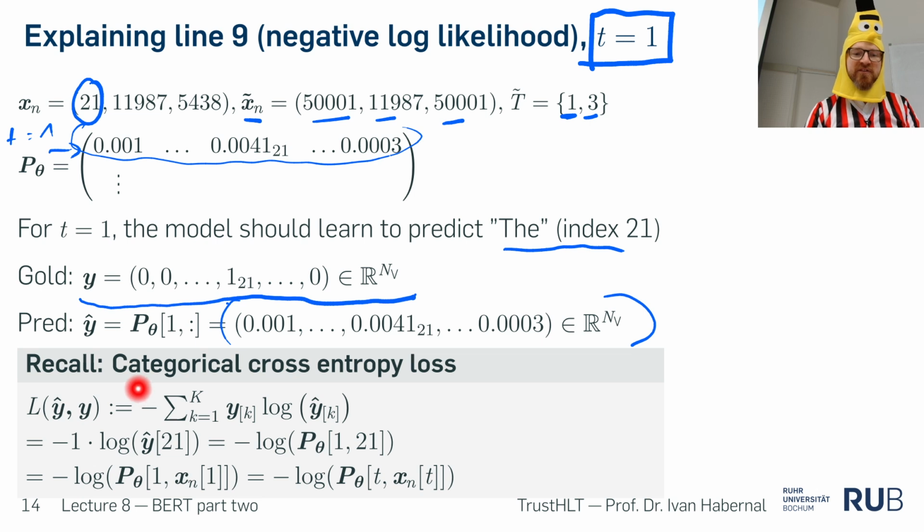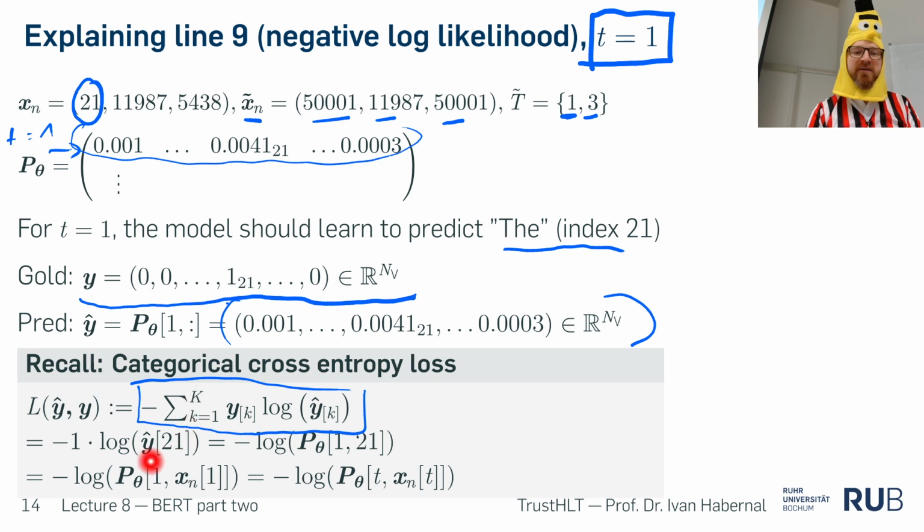So this is the definition of categorical cross entropy, if you recall. And let's have a look. It simplifies pretty easily, because in the gold standard label everything is 0 except for the 1 at position 21. Which means we can completely ignore all these 50,000 summands.